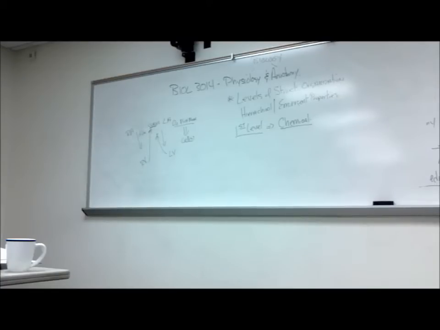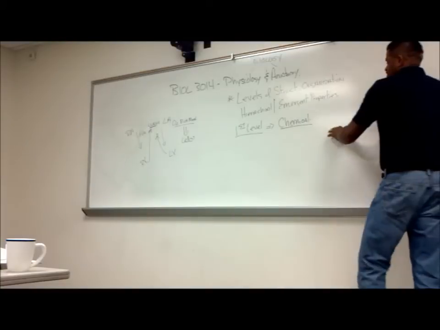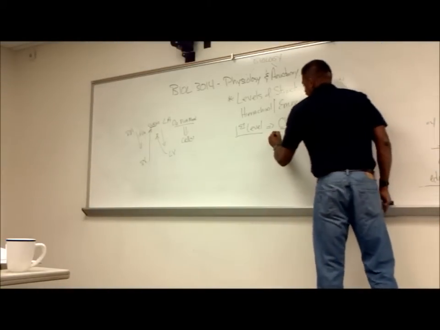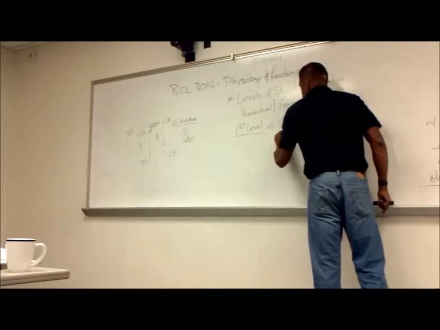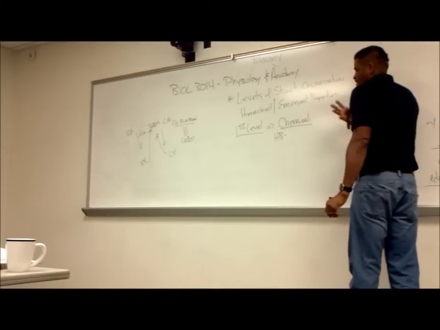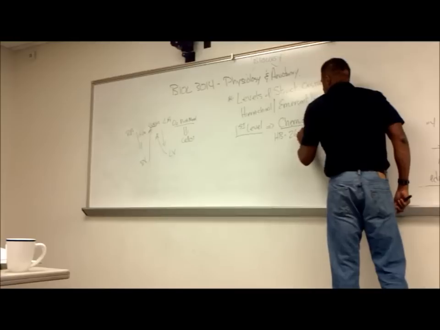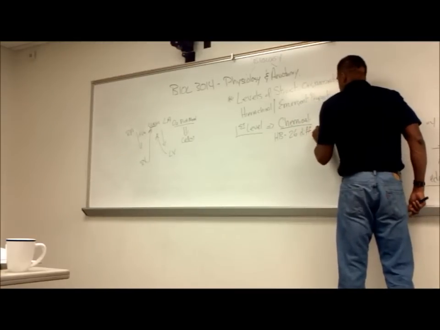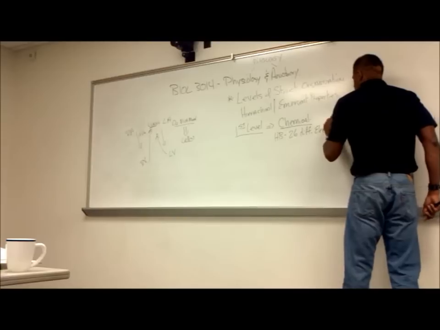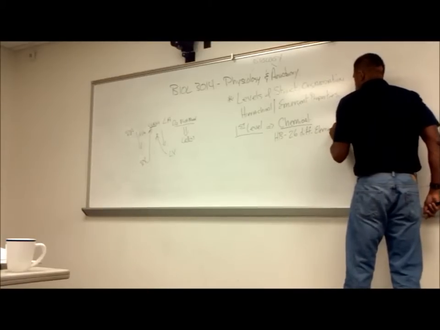So we're saying we look at the chemical level as the first level, and we think about the human body, and a normal, healthy individual will consist of 26 different elements. So our body has 26 different elements.